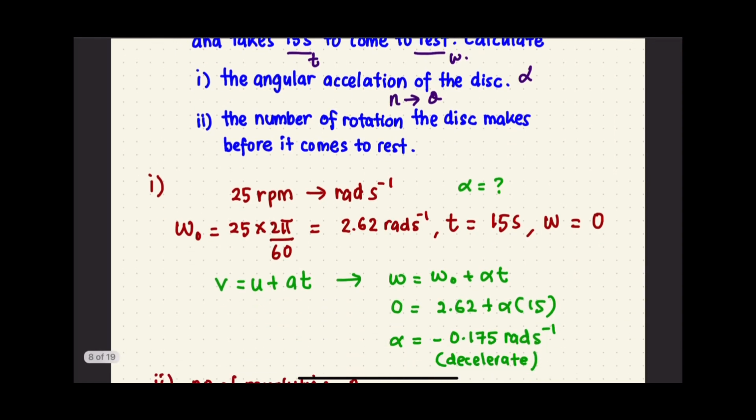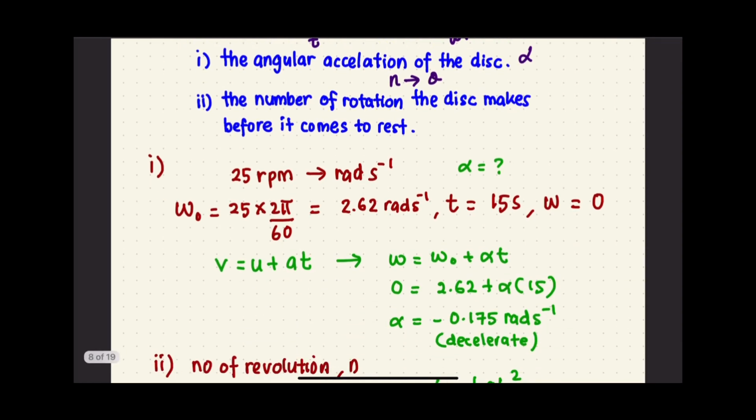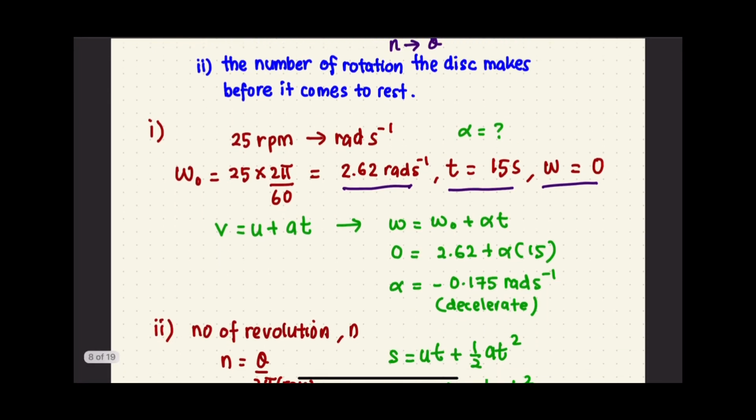Okay, so I first change 25 revolutions per minute into radian per second. So 25 times 2 pi divided by 60. I get 2.62 radian per second, and the time taken here is 15 seconds, and omega is equal to 0 because the rotation has stopped, come to rest.